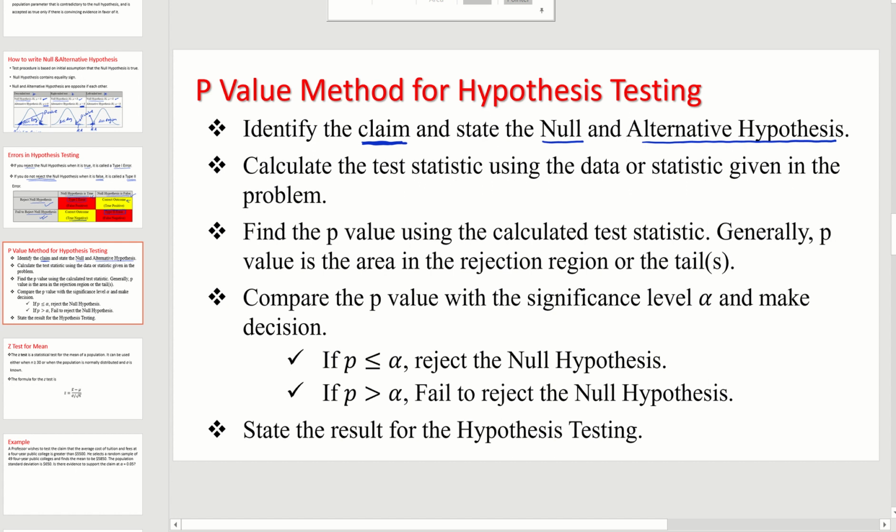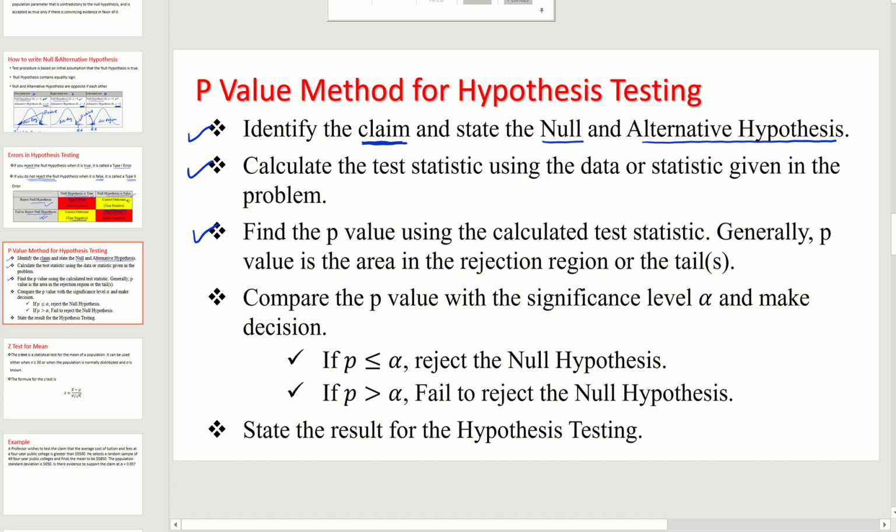Then using that test value, in the third step, you have to find the p-value. From the previous slide, you already know that generally the p-value is the area in the rejection region or in the tail region. For two tail test, it is the sum of area on the two tails. For the left tail test, it is the area on the left tail. For the right tail test, it is the area on the right tail. So that is the third step.